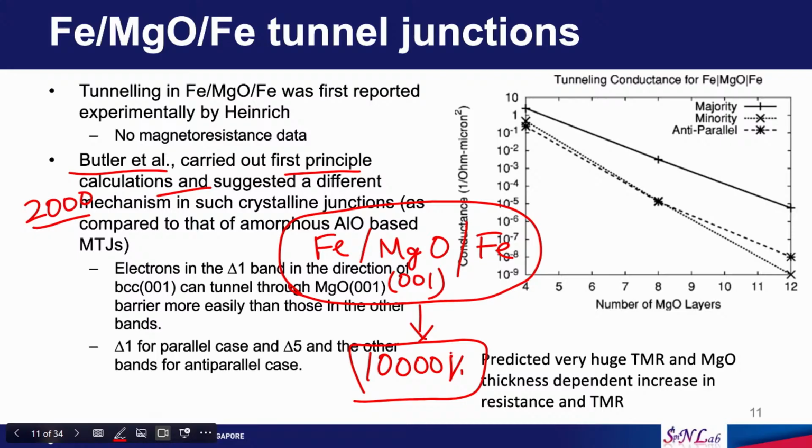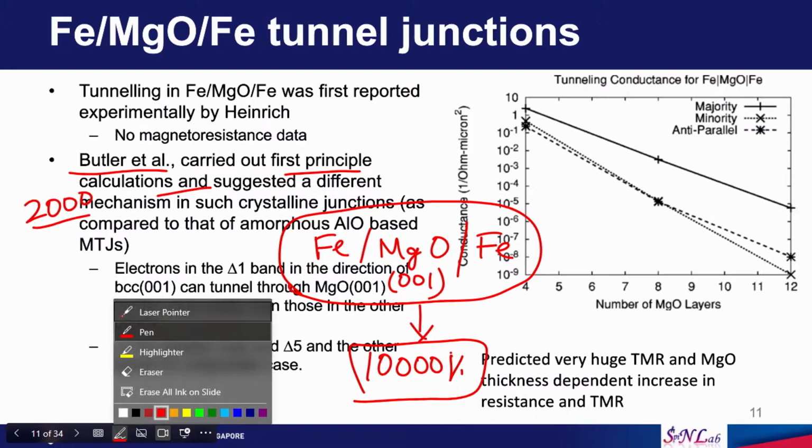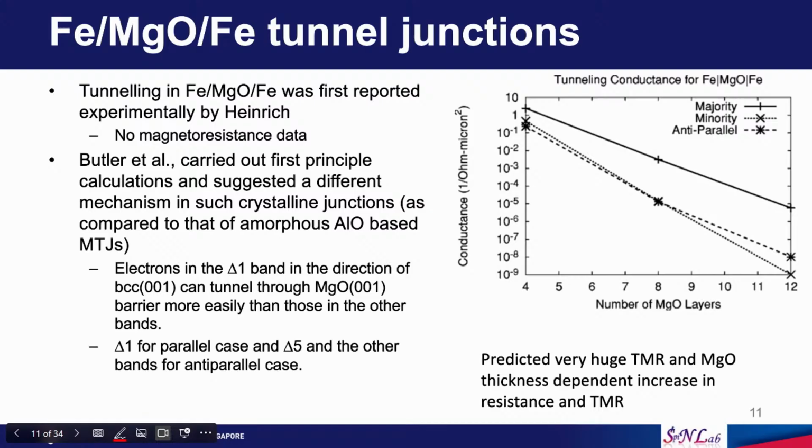So, in this case, this is Professor Butler. He carried out first principle simulations. I do not know, some of you may be doing density functional theory, those kinds of things. So, he used that kind of theory, and he says that electrons in a certain band, particularly this delta 1 band, can tunnel through the magnesium oxide barrier more easily than the electrons in the other bands.